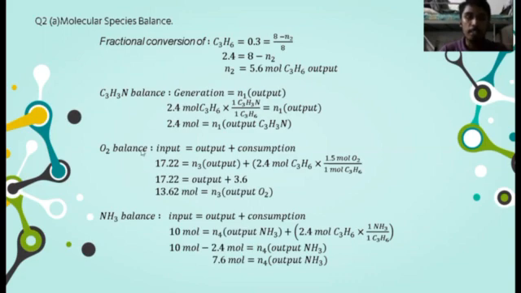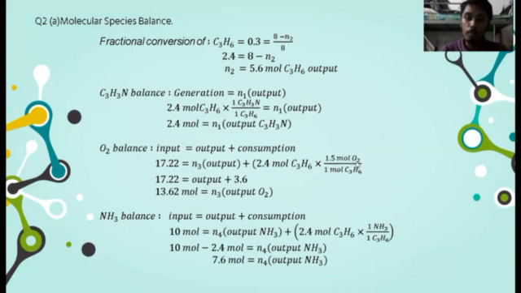After that is the oxygen balance. From the given flow chart, we can understand that input equals output plus consumption. The input is 17.22 equals N3, which is the output of the oxygen, plus 2.4 mole C3H6 times 1.5 mole O2 per 1 mole C3H6.